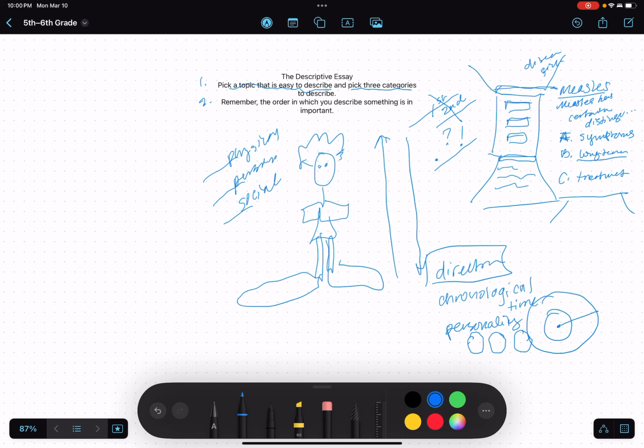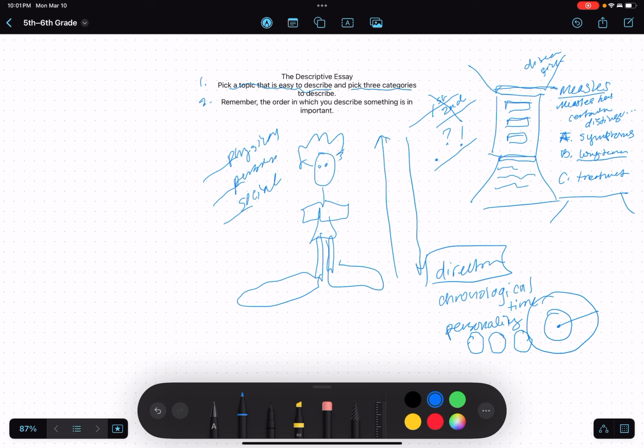I'm thinking of a lot of books right now, like Charles Dickens, the Narnia series. There's lots of series where they take time to describe a character, and you should go back and look at some of your favorites, and you'll notice that they always follow a pattern, so you can visually keep up with them in your brain. If it's scattered and disorganized, it's really hard to follow.